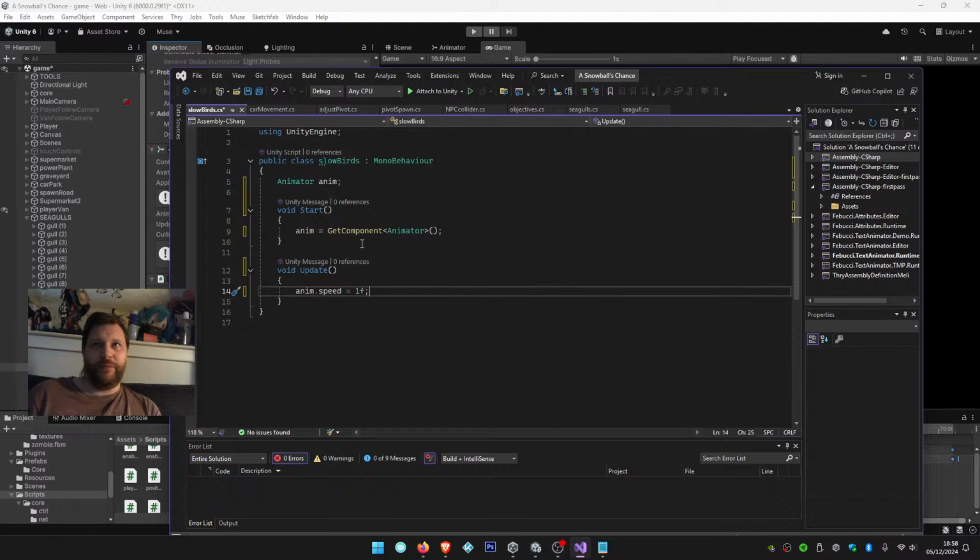Yeah, I would think 1F would be normal speed. So this way we can start it at a slightly faster speed.